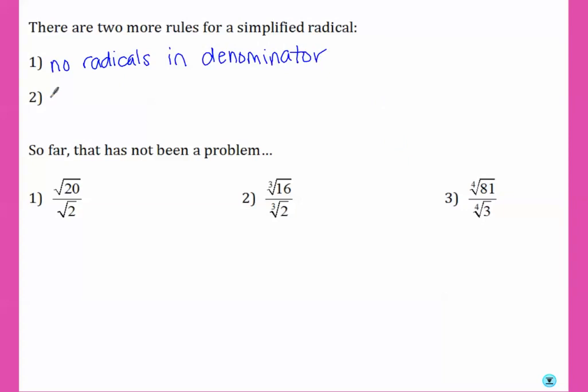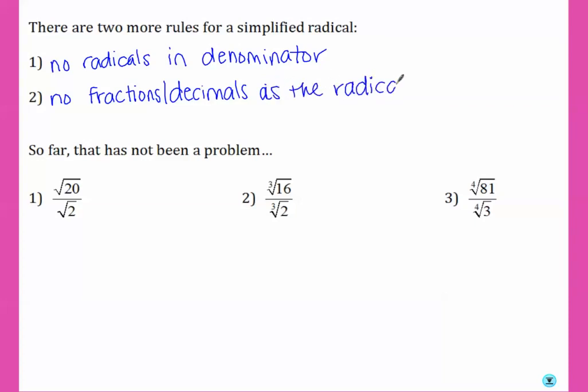And then another rule is that there can be no fractions or decimals as the radicand. And if you recall from a couple of classes ago, the radicand is the number underneath the radical.